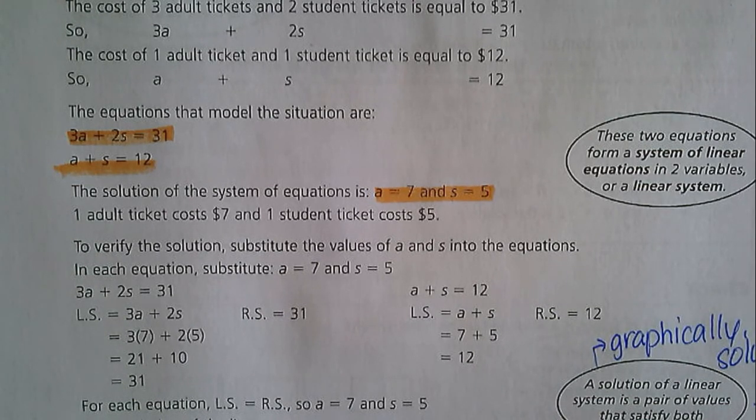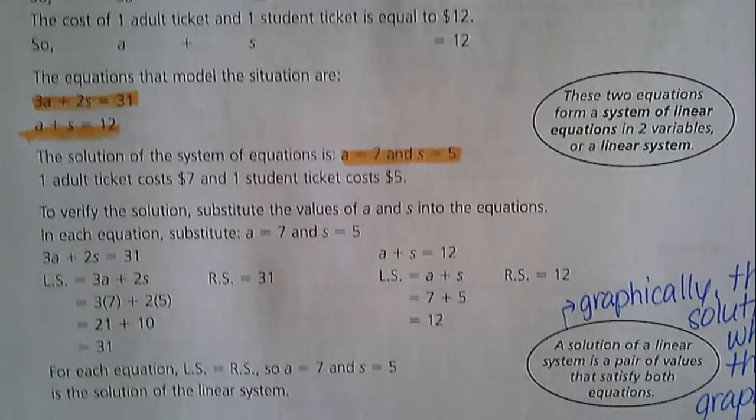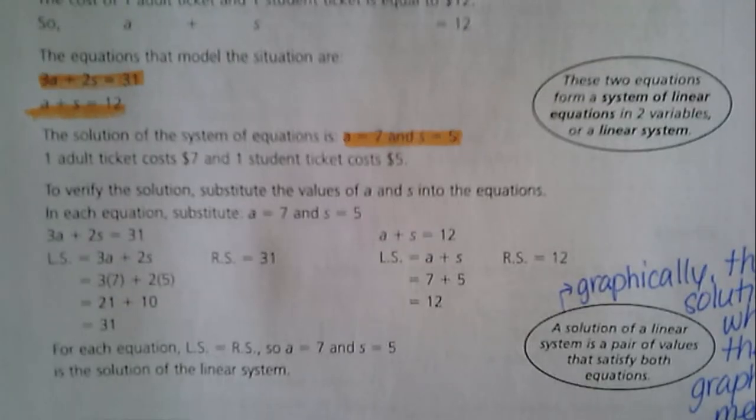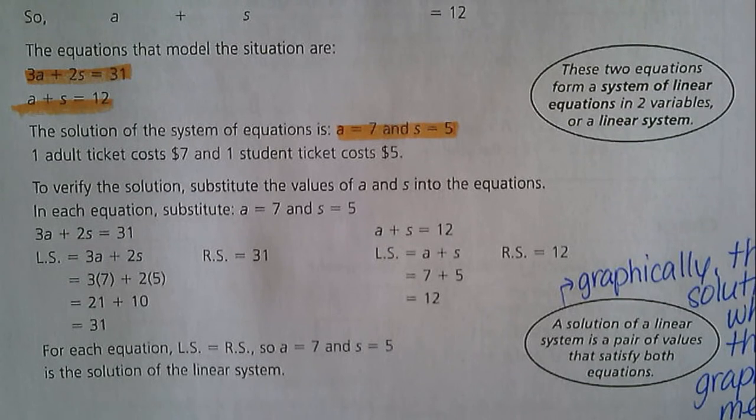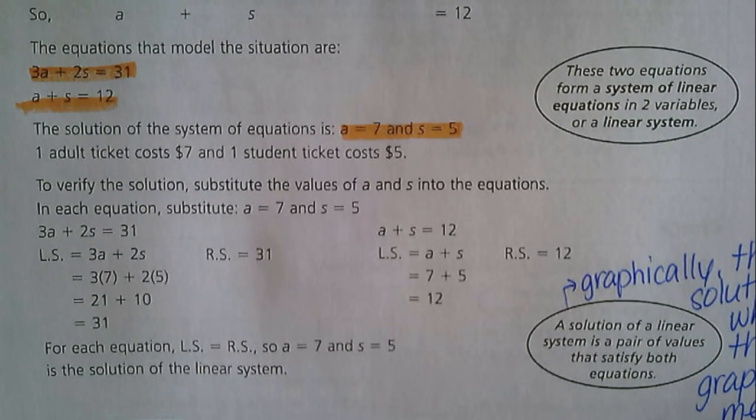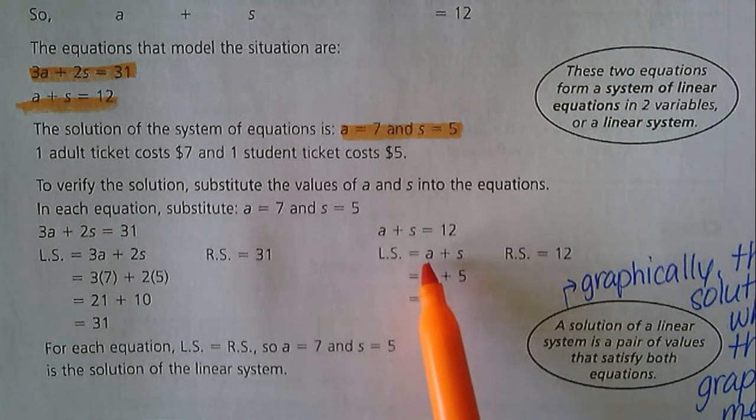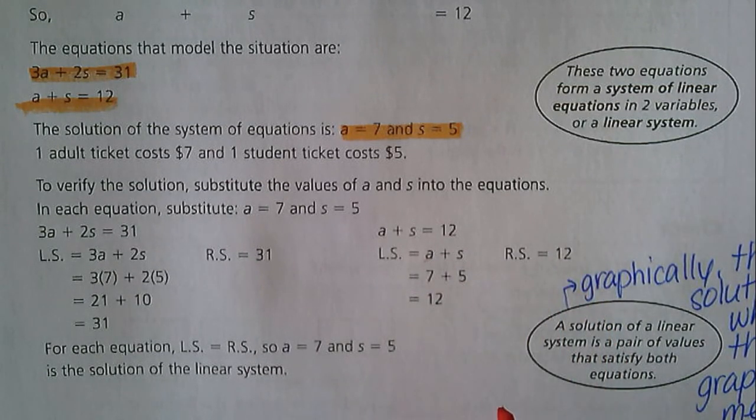But again, in order for this to be the solution, it has to work for both equations. So let's try the other equation based on Ellen's purchase. Anywhere there's an A, we're going to substitute in 7, and where there's an S, we're going to substitute in 5. So we have A plus S equals 12. So 7 plus 5, which is 12. So 12 equals 12. Perfect.